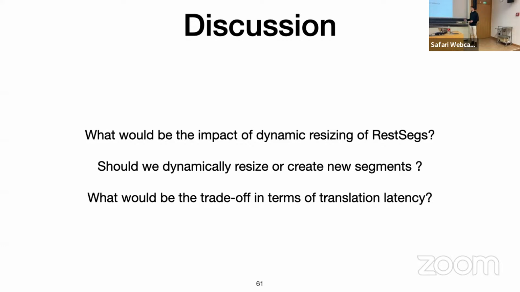If we choose to resize them, that would probably be the better option, because if we create new segments of different sizes, then we'd have to look up all of them if we want to find data in them. So that is probably the trade-off in terms of translation latency. If we create new segments, the translation latency would increase. On the other hand, dynamically resizing segments might be complicated. I'm not sure entirely of the implications and how this could really work. Maybe somebody has a good idea.